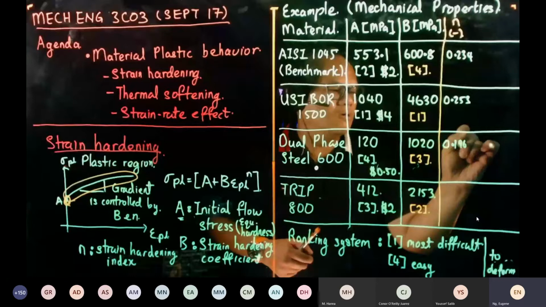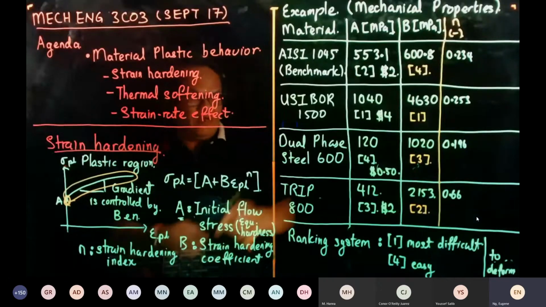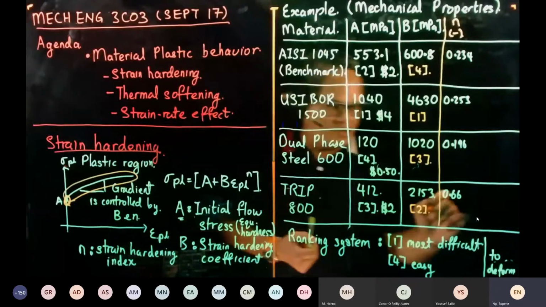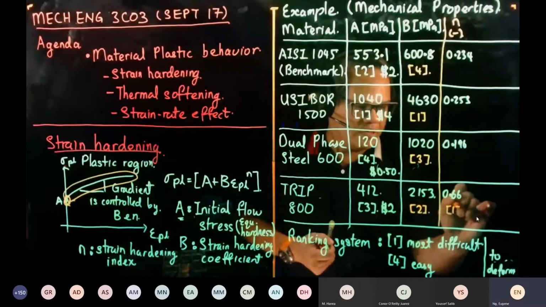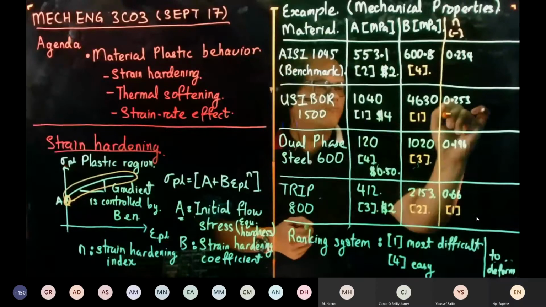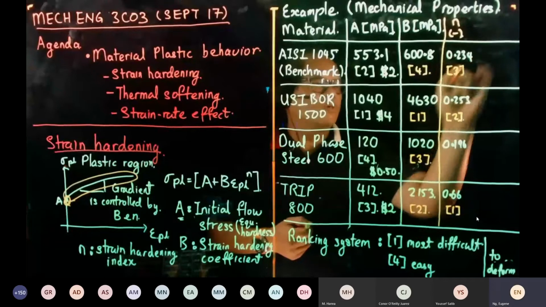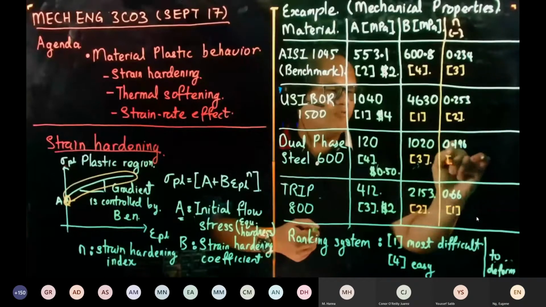Over here, we start looking at N, and then our ranking system gets skewed again, right? So now 0.66 is number 1, and then this is our number 2, this is our number 3, and this is our number 4.